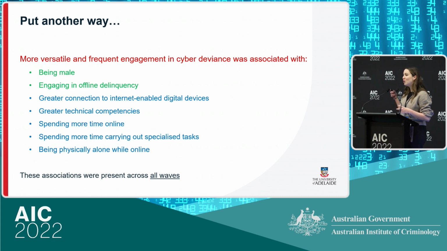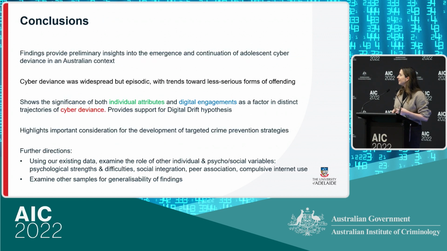Importantly, what we found was that these group differences were present from when students were in year 8. So before they were even escalating into some of these more serious or more frequent behaviours, we were able to pick out that there were these differences present. Overall, we found quite prevalent and increasing engagement across a number of forms of cyber-deviance in our adolescent sample.